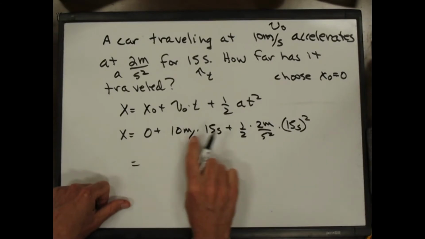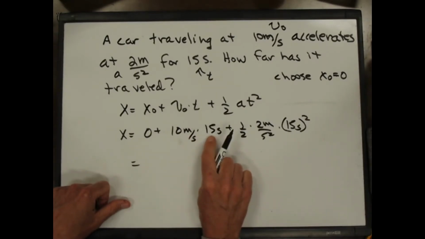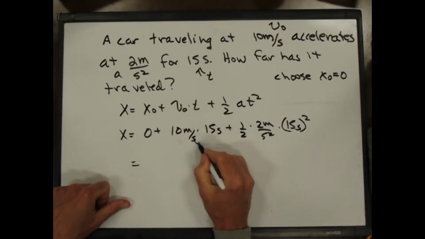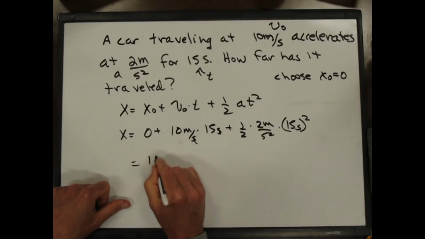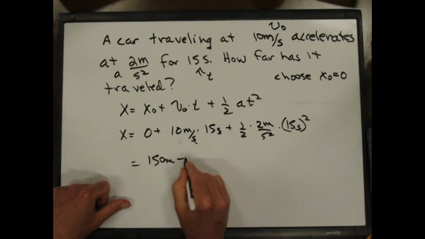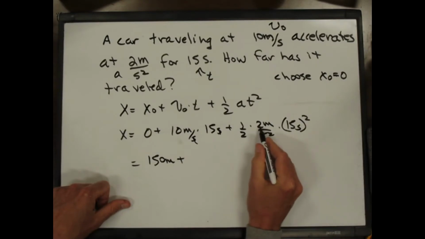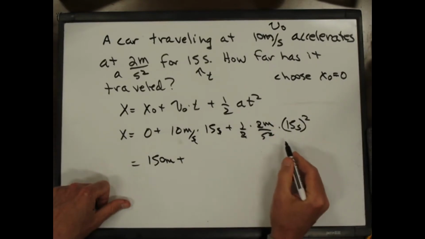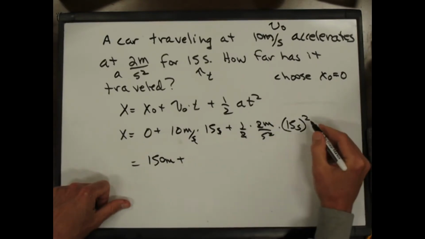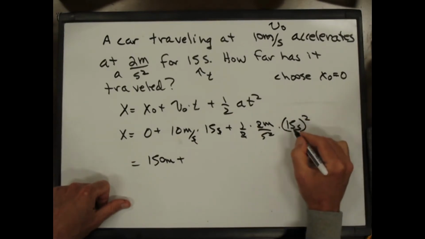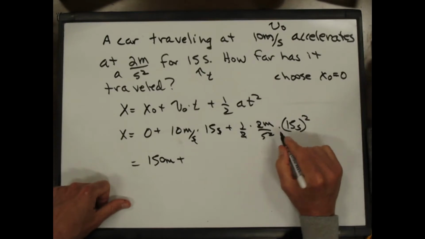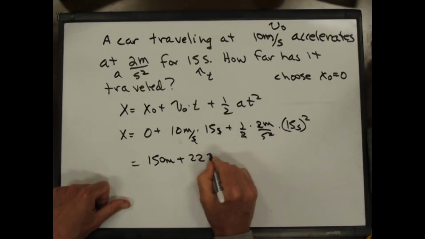And so 10 times 15 is 150 meters per second times seconds. My seconds cancel, and I get 150 meters plus, okay, the 1/2 and the 2 cancel. And I get, so this is going to be, this 15 squared is 225. There's going to be a second squared here and a second squared there, which will cancel, 225 meters.